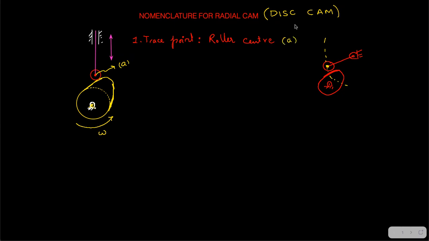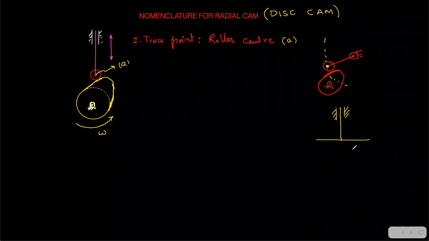And next point is, we even have a flat face follower, right? So for a flat face follower, what are we going to take as a trace point? That is very important for us. So for a flat face, let's construct a flat face. I'll just draw a rough image of a flat face. So this is a flat face follower, and it is between the guides.